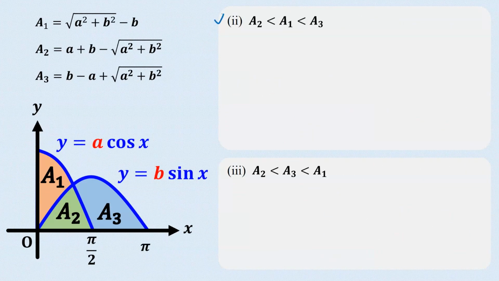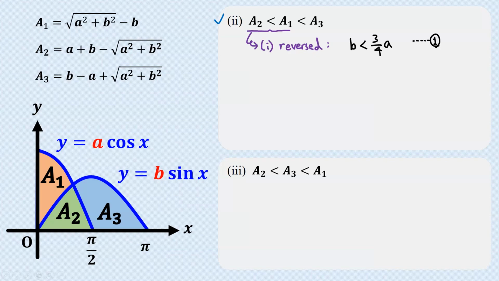The second condition, A2 is less than A1 and A1 is less than A3. The condition for A2 being less than A1 is simply the condition obtained in the previous case, but the direction of the inequality is switched. That is, b is now less than 3 over 4 a.